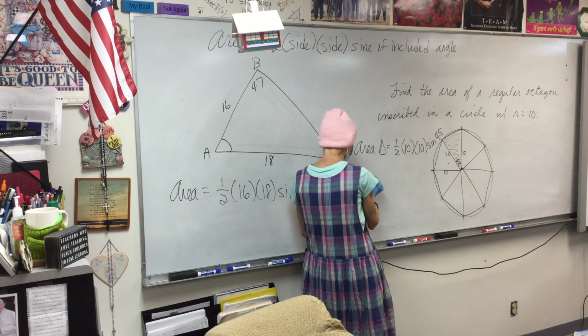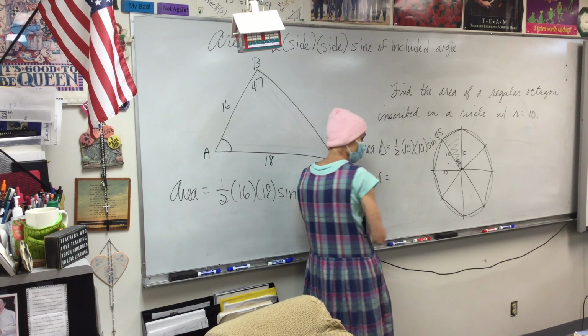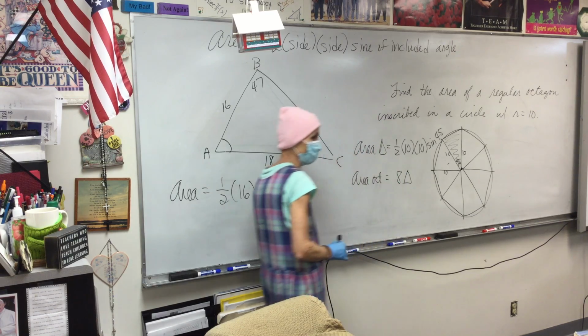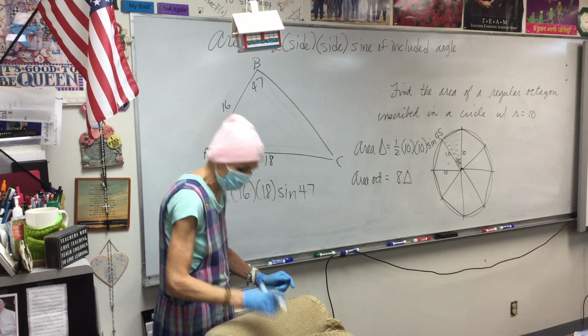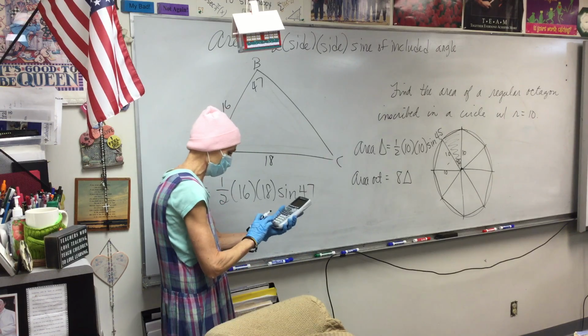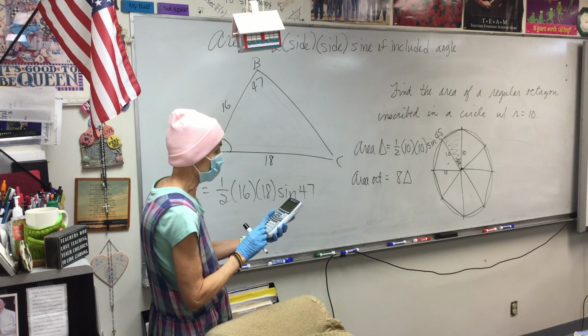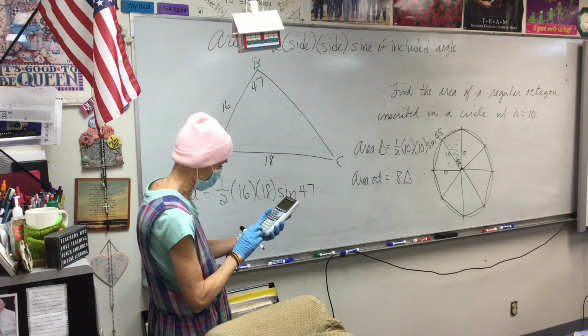And then the area of the octagon would be 8 times the area of the triangle. Yes. So here we go. What seemed to be impossible has become easy.